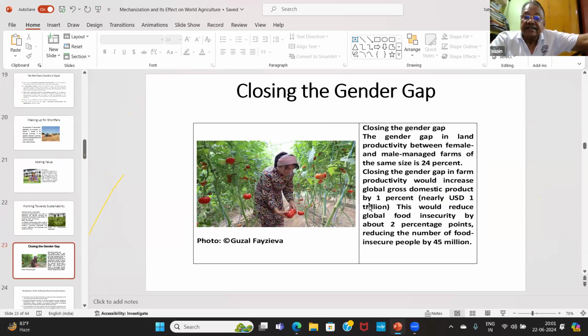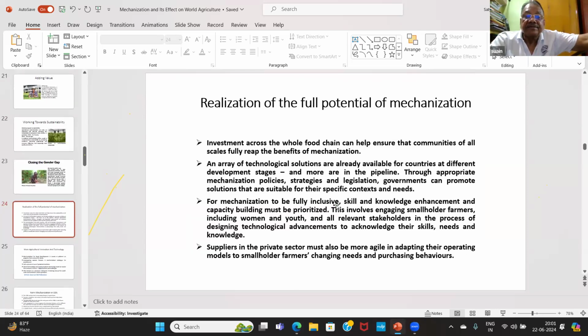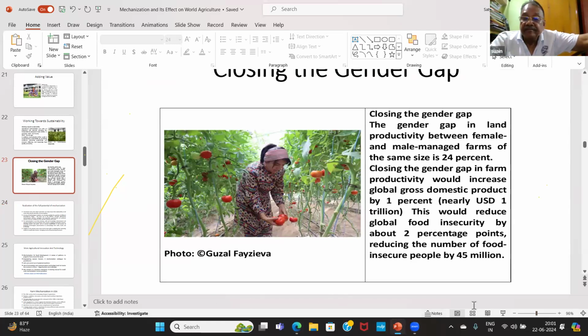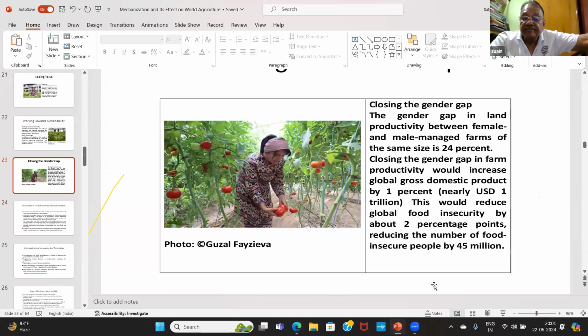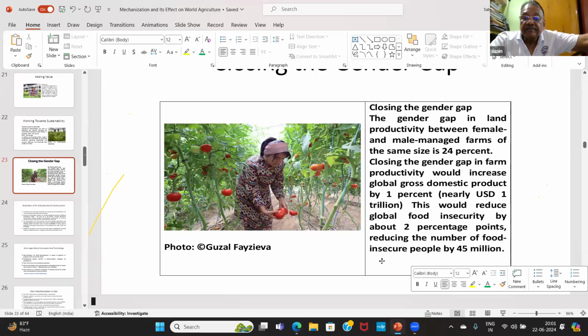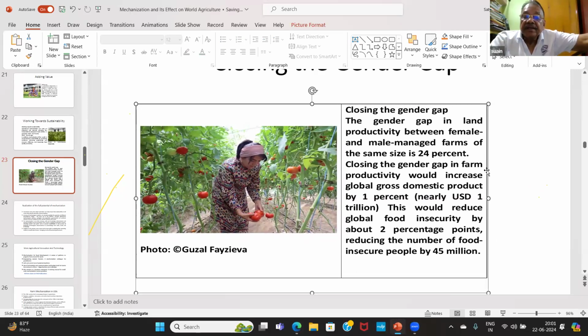Then the gender gap also has to be reduced, because another piece of information is here. Closing the gender gap in farm productivity would increase global gross domestic product by 1%, nearly 1 trillion US dollar.